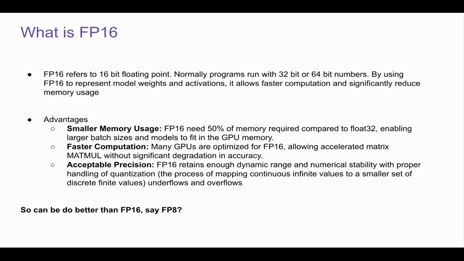Although it halves the bits compared with 32 bits, it still retains enough dynamic range and numerical stability with proper handling of quantization. Quantization is the process of mapping continuous infinite values to a smaller set of discrete finite values.